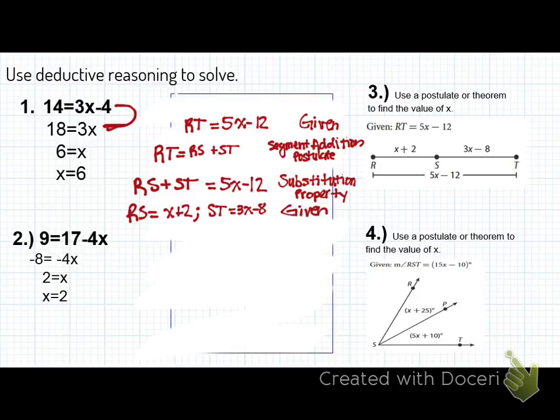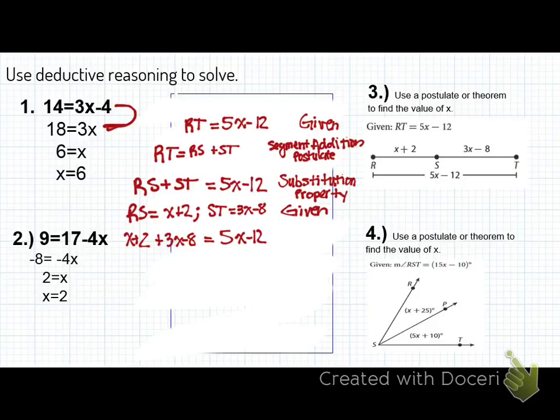So if that's the case, then we could replace RS with x plus 2. So we're replacing RS with x plus 2 right here. And then we're going to replace ST with 3x minus 8. And bring the rest of the problem down, 5x minus 12. Do you see how I just replaced this third line with this one down here?